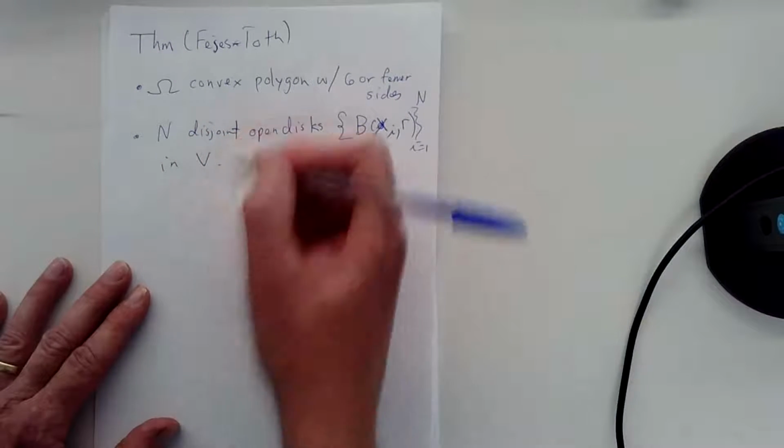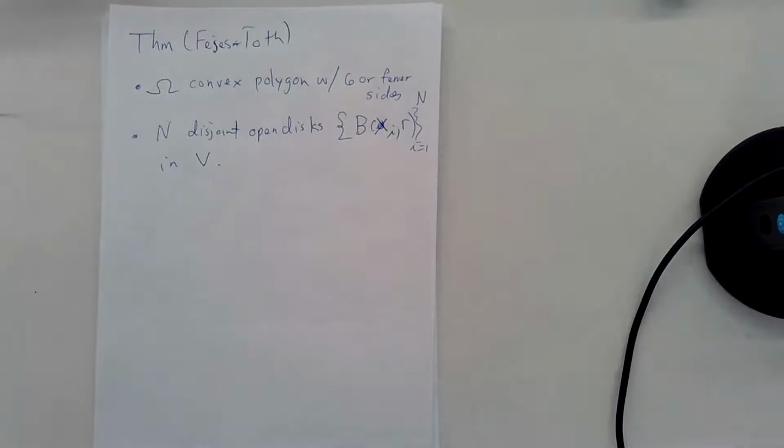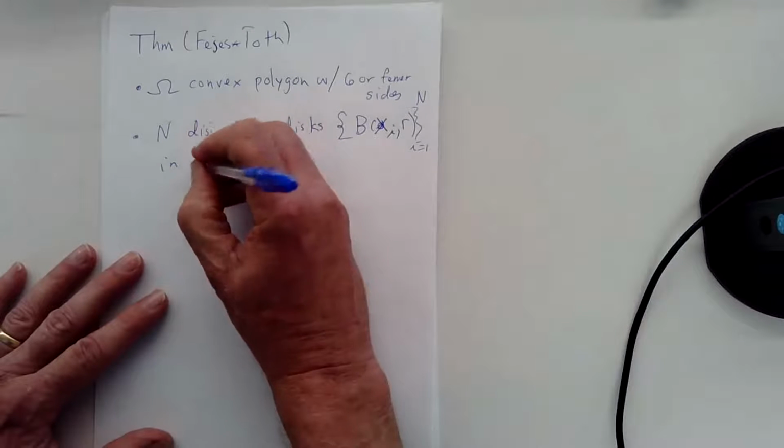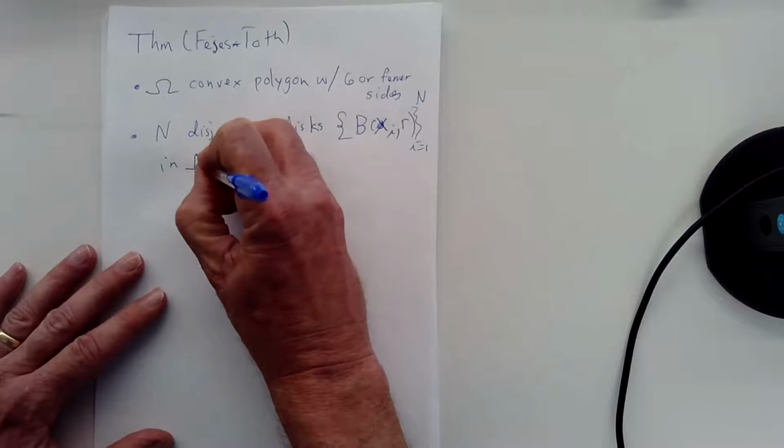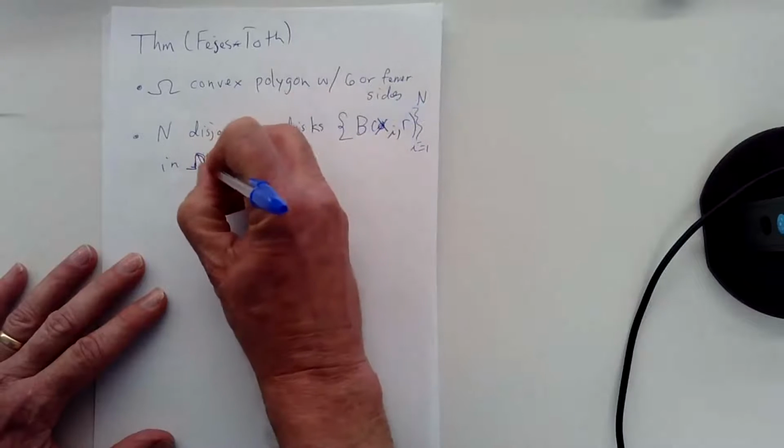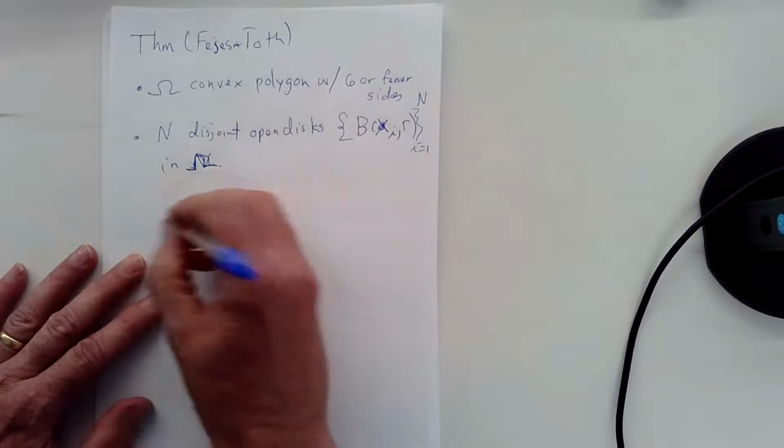So we have a packing, or an arrangement, of n disjoint disks in omega. I need to look at my notes here. So let me draw a picture.